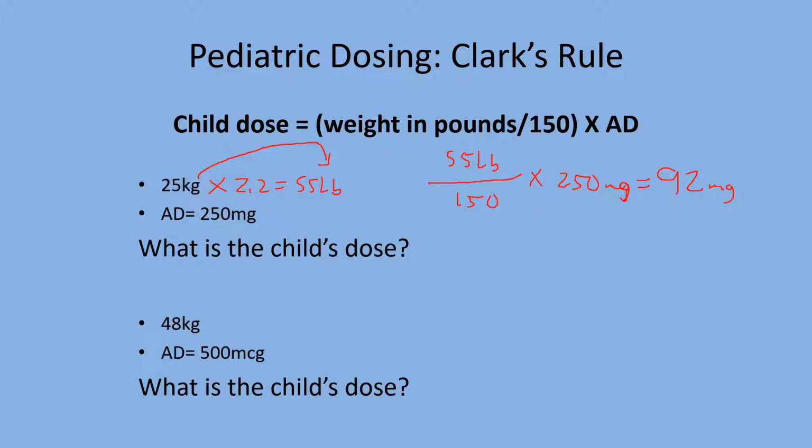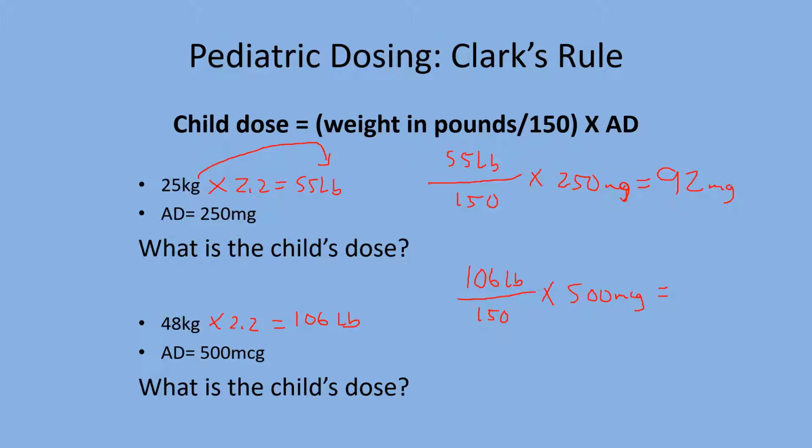All right, let's do it one more time. 48 kilos? About how many pounds? 106. Okay, 106 lbs, rounded up, that's fine. 106 pounds over 150 times 500 micrograms. Yeah, we'll keep it as micrograms.